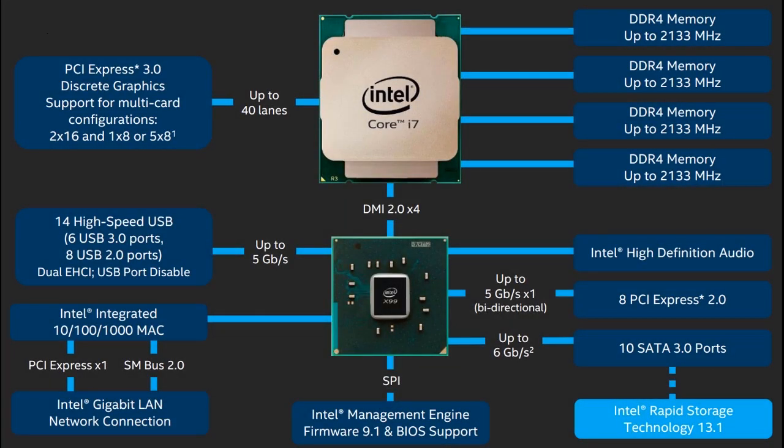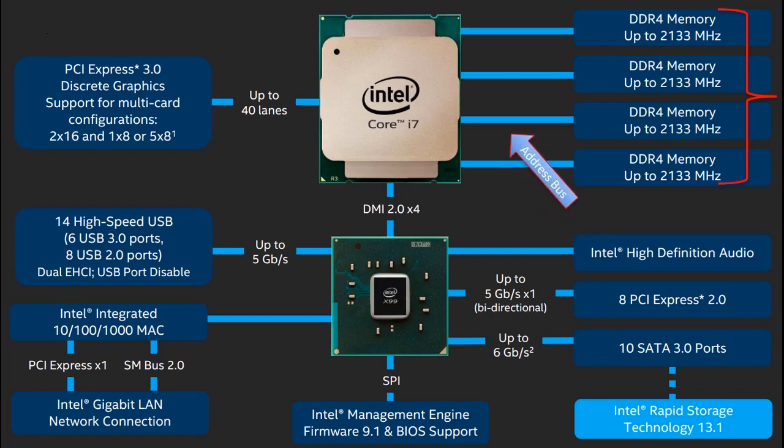Now let's get to the fun stuff, diagrams. This diagram kind of puts it all together for a computer system that you might be working with. And this is basically what we call the chipset diagram. On the upper right, we have our DRAM. In this case, it's DDR4, double data rate 4 memory that runs at 2133 megahertz.